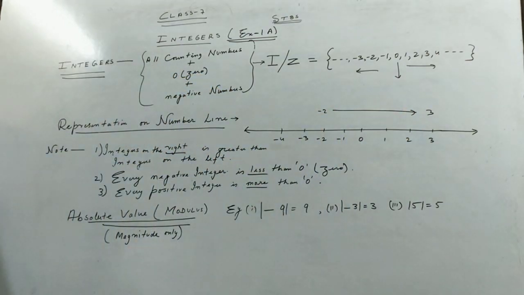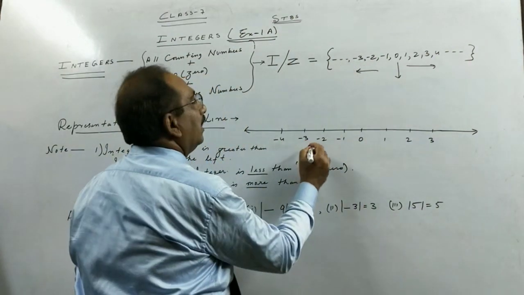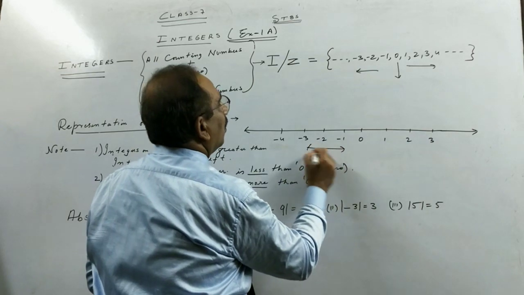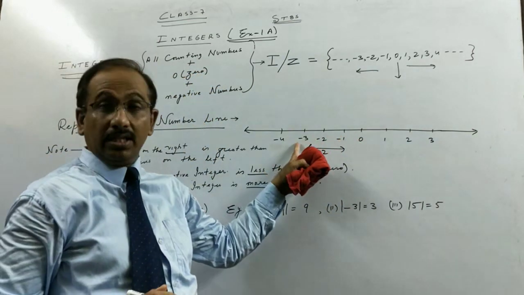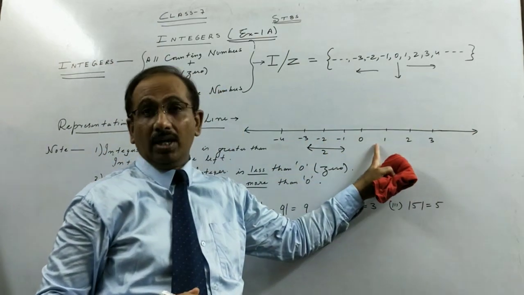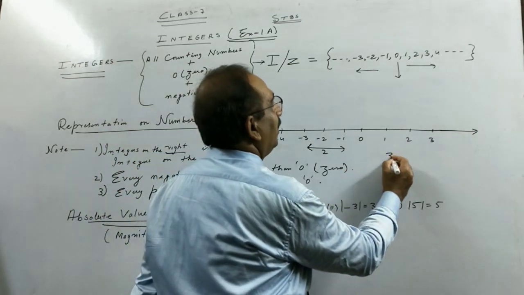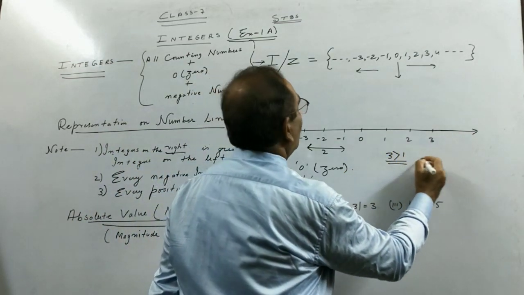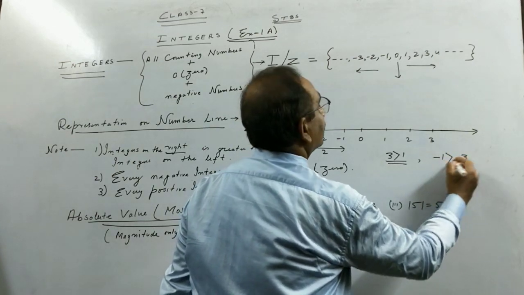Then between two negatives, minus 1 and minus 3: 3 is greater than 1, but minus 1 is greater than minus 3.